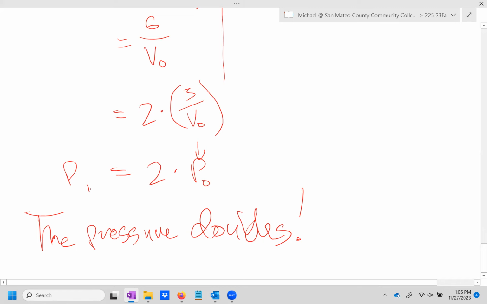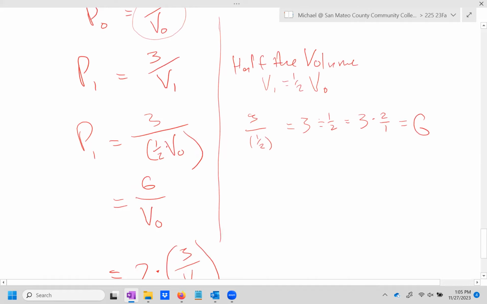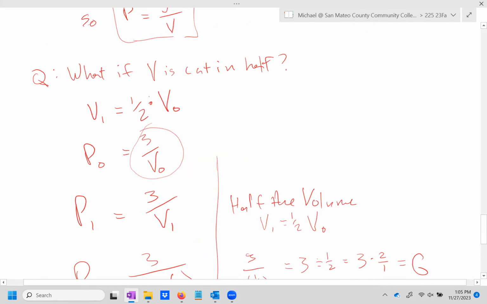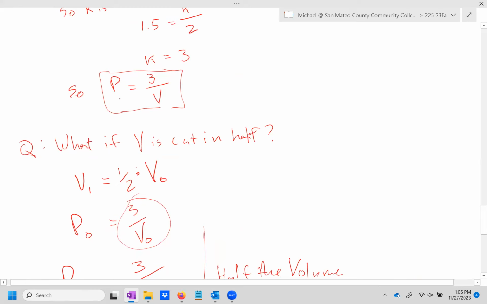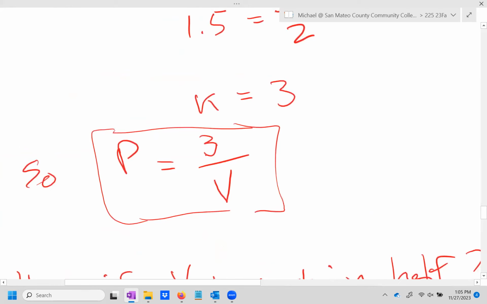2p0 is how I wrote it, right? Which basically means this is true in general. This one in the box, right? So for some volume of gas, the pressure it exerts is 3 divided by that volume.